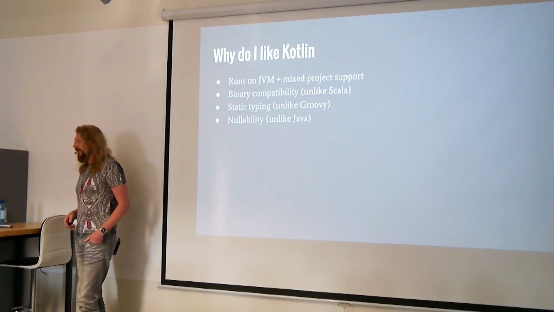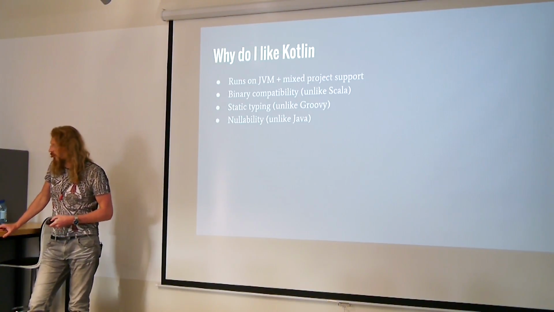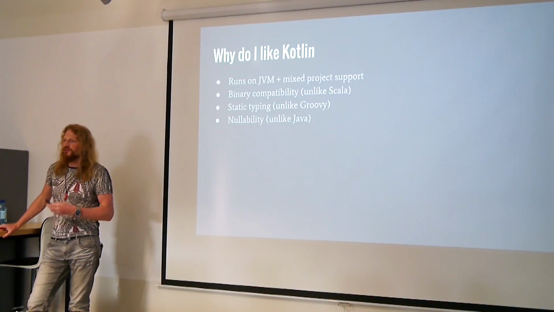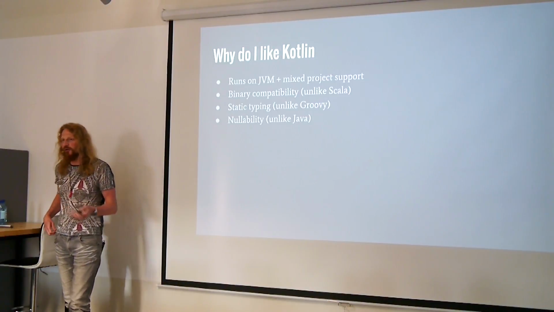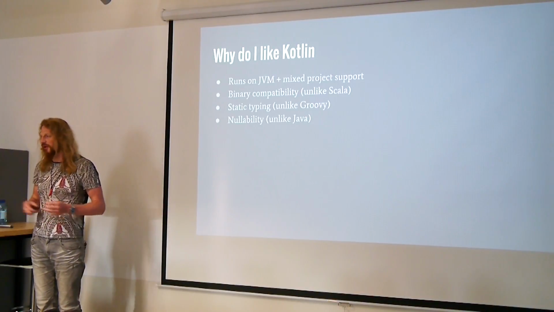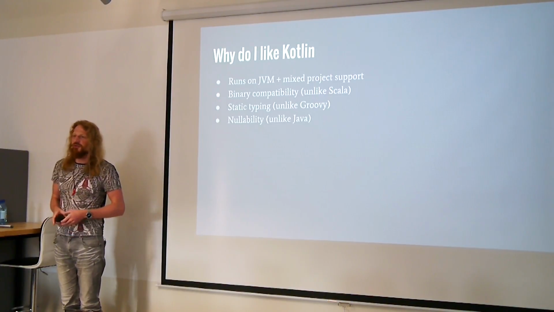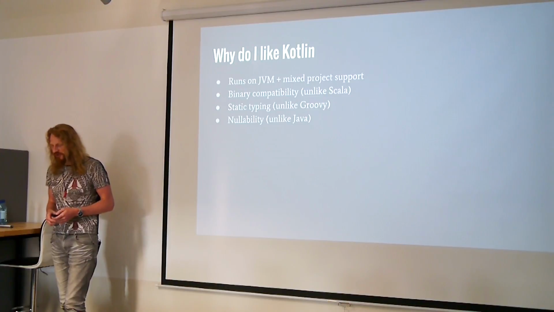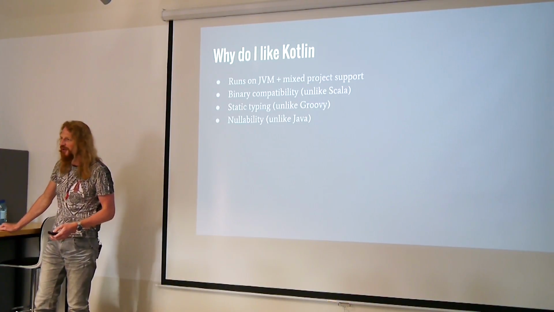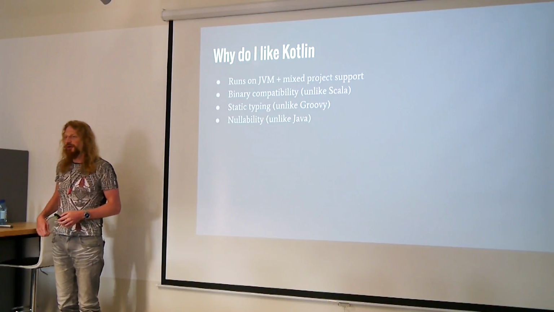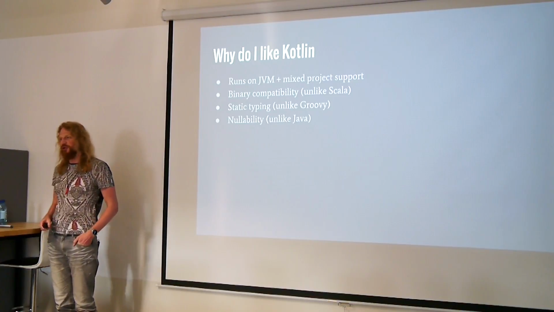So, nullability. This is one of the major features of Kotlin, in my opinion, and I think it's the biggest difference of Kotlin compared to Scala or Groovy or other modern languages. It's been said that null was the biggest mistake, a one million or one billion dollar mistake, that was invented. So in Kotlin, there are compile-time nullability checks.